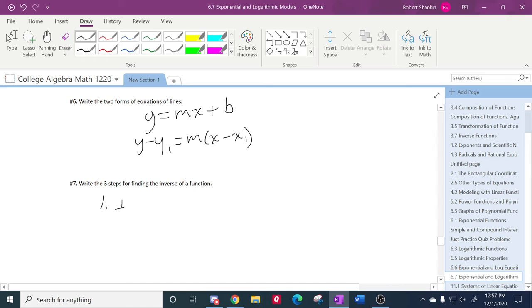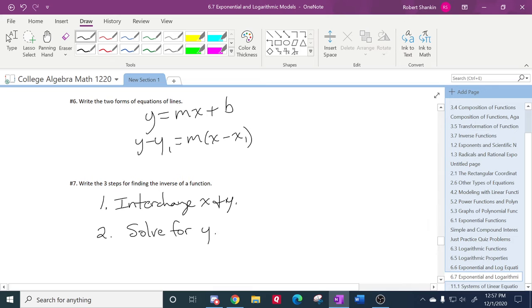Number 1, interchange x and y. You might have to replace f of x with y first, and that's kind of unstated. Number 2, solve for y. This is actually doing all the work.